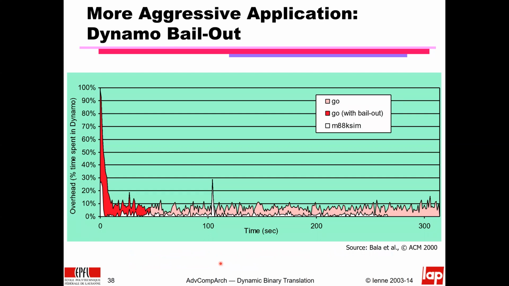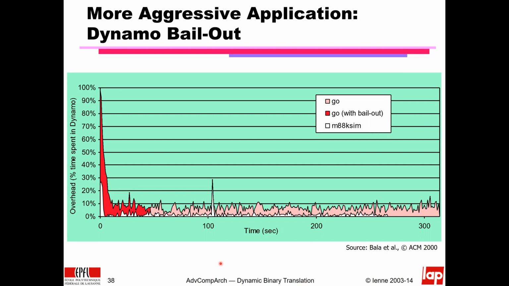And here is an example of what happens with a couple of programs, right? What is the overhead that you have? And you see the example of MM80K sim, a simulator, where you have only a very minimal overhead that is spent now and then to recompile.